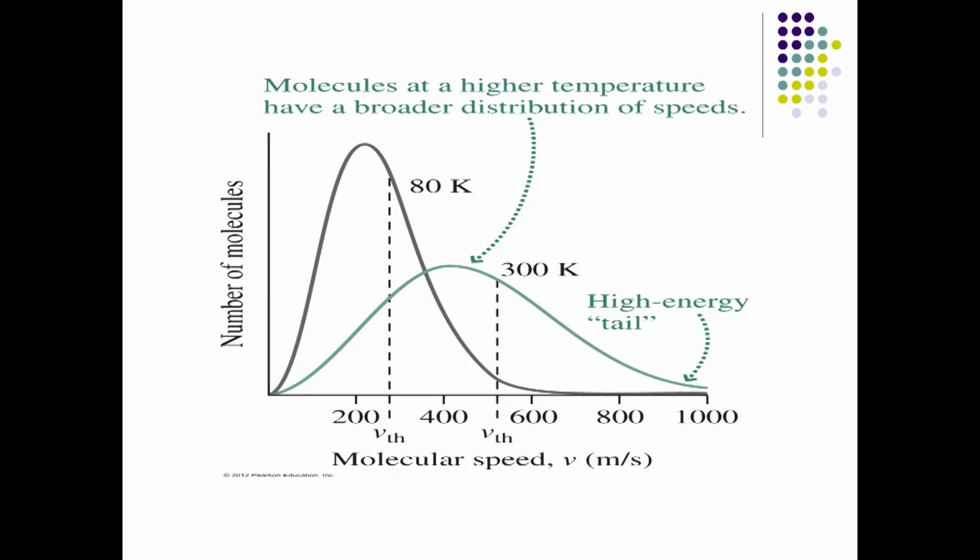Now, let me introduce a very important concept for the gas, which is called the Maxwell-Boltzmann distribution. We looked at gases of different kinds and put different temperatures on them. What we found is that if you change the temperature and look at the distribution of different velocities of the particles, which comes out of the kinetic theory of gases, there is a distribution of velocities among the particles.